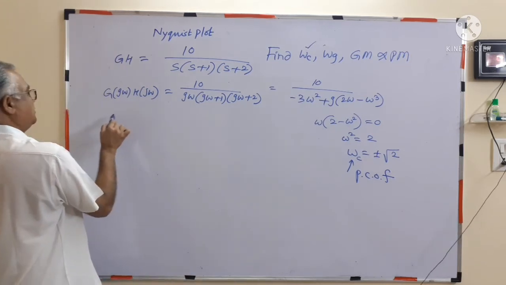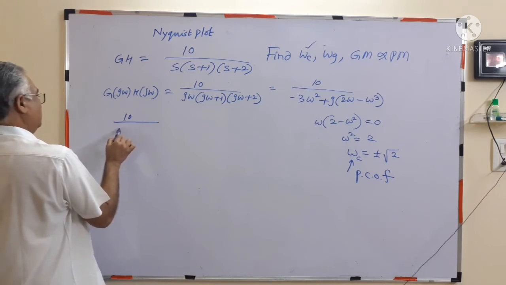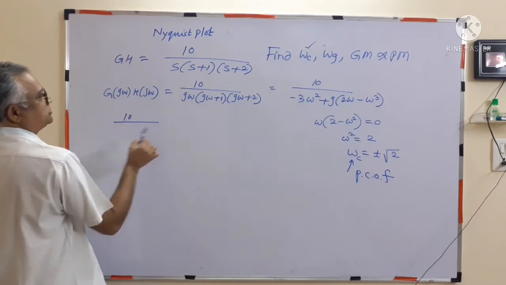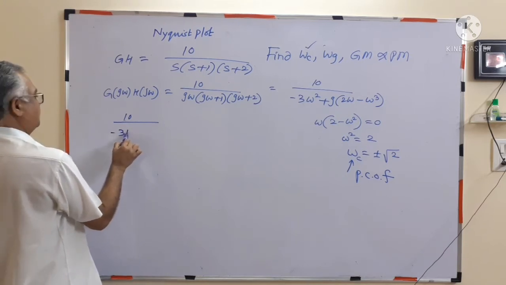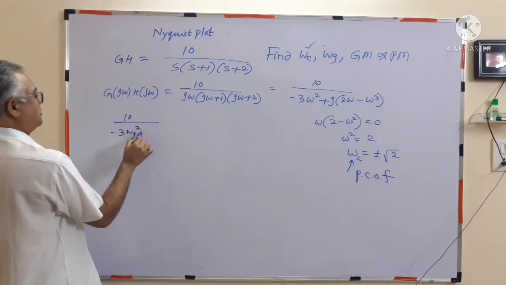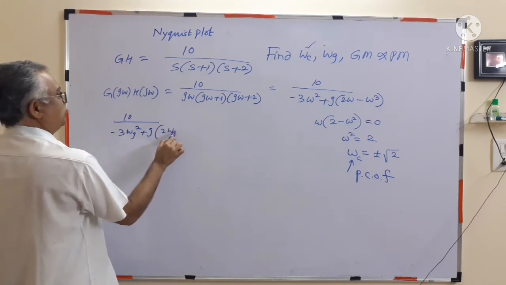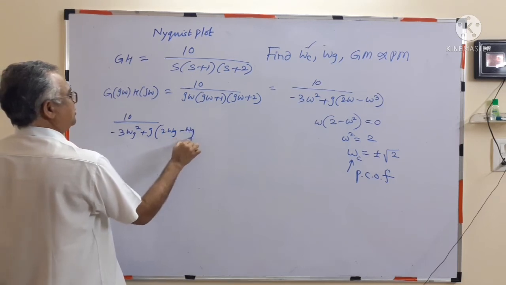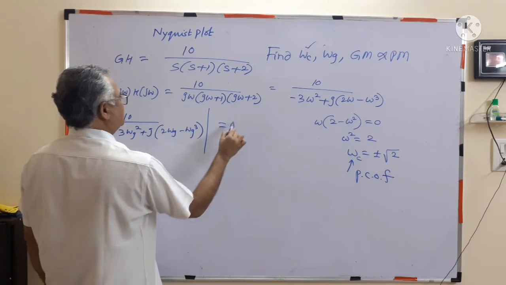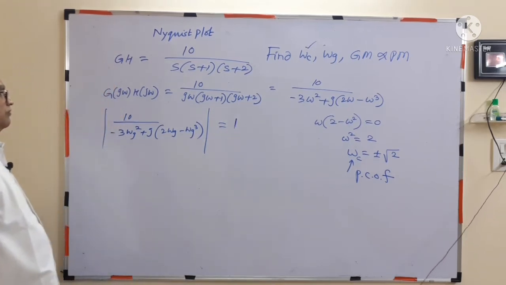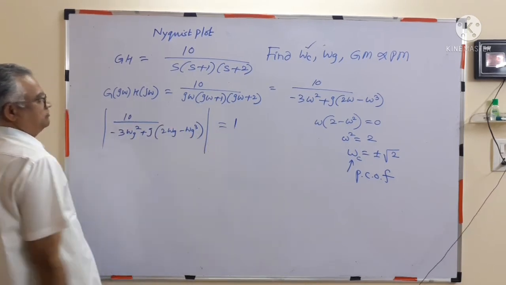That means 10 by omega, this magnitude is that one, minus 3 omega g square plus j 2 omega g minus omega g cube, magnitude is equal to 1. At what frequency is this magnitude equal to 1?